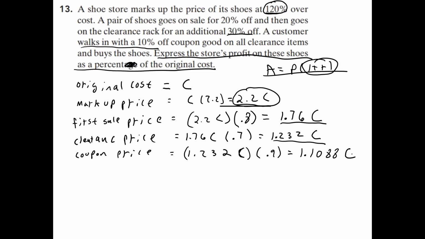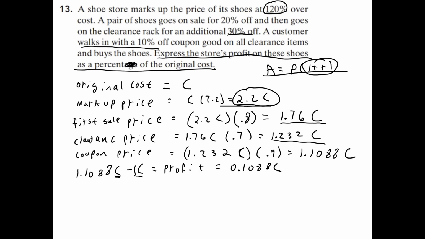So to figure out the profit, what we could do is take the 1.1088C and subtract what we paid for it, which is C. And so then this will give us the profit. And these are like terms. You have a C there and a C there. So we just take the 1.1088 and subtract the 1 that we don't write.